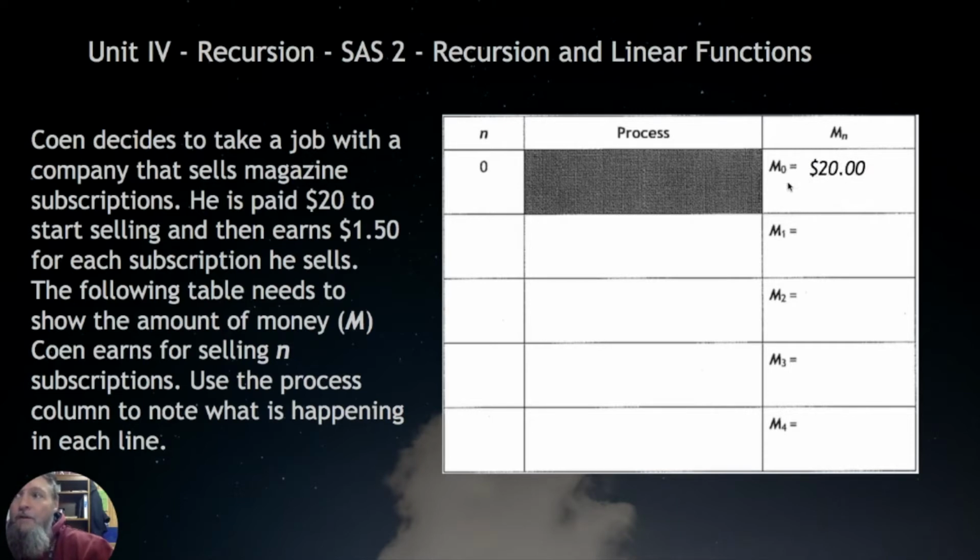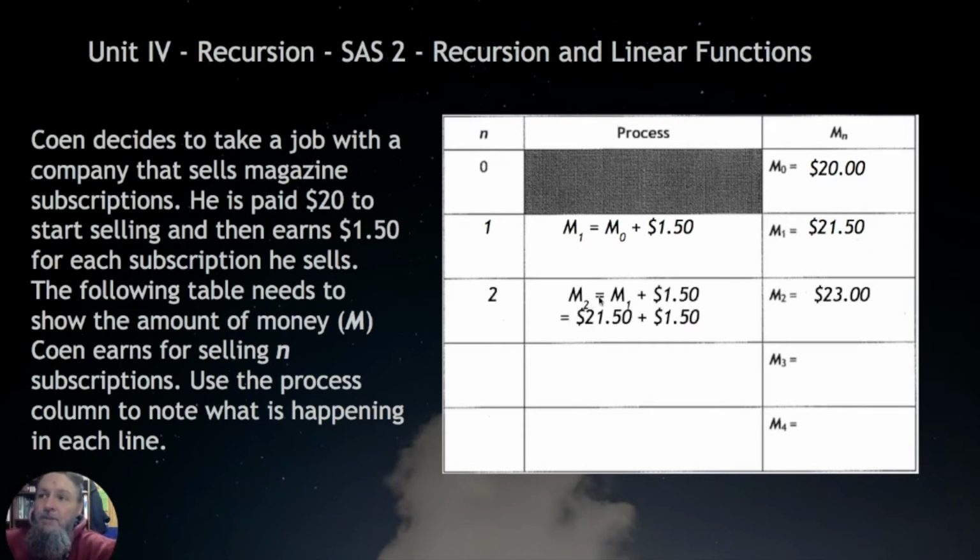If he sells 1 subscription, M subscript 1 equals M subscript 1 minus 1, which is M subscript 0, plus $1.50. We know M subscript 0 is $20, the initial value. We add $1.50 to it, and that gives us $21.50. And we follow this process.